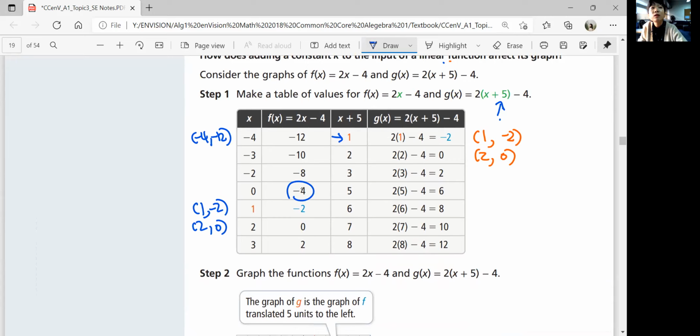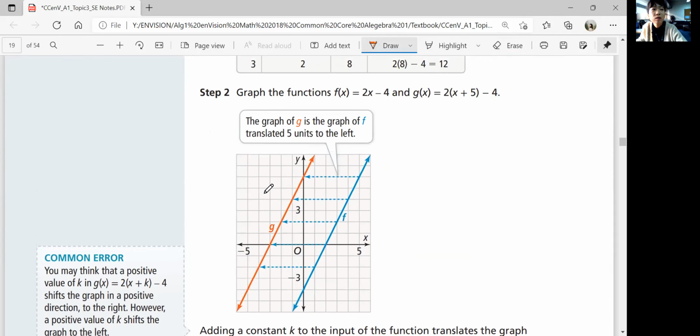So 5 times 2 is 10, and 10 minus 4 is 6, right? Oh wait, my first x's were right. Yes. So this is when 0, comma 6 comes into your g of x.